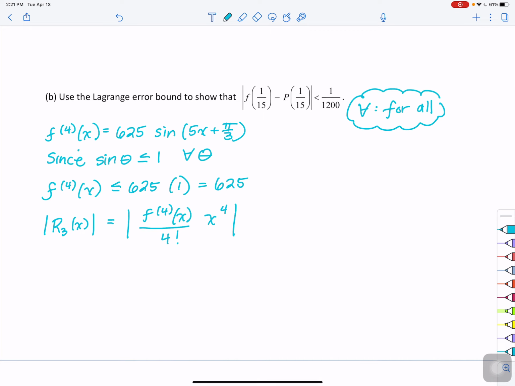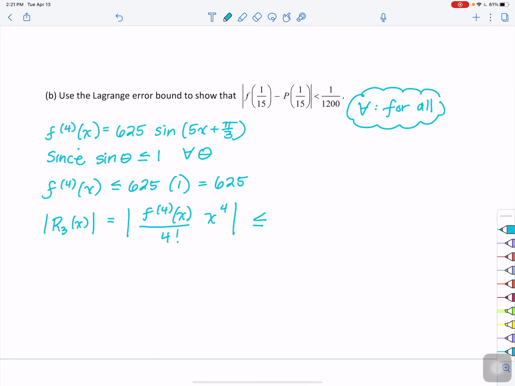And here is our Lagrange bound. That's less than or equal to 625, which was the maximum value of the derivative anywhere on the interval, times x to the fourth all over 4 factorial.